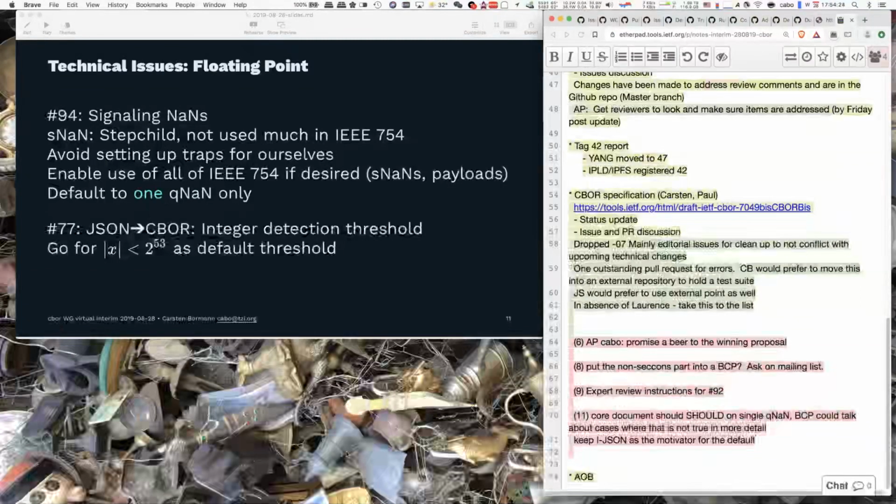I think this four eyes policy has gone very well, both in the development of 7049 and in the CBOR activity. So I think we should stick with that.